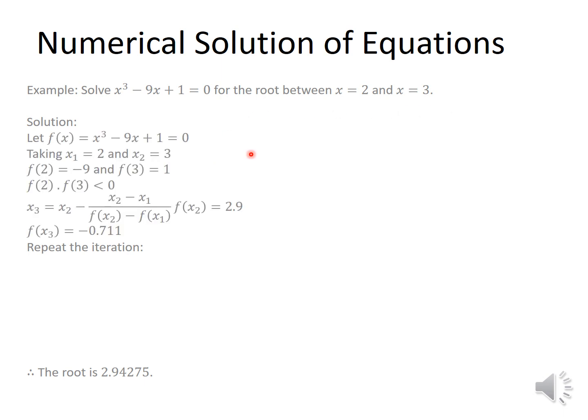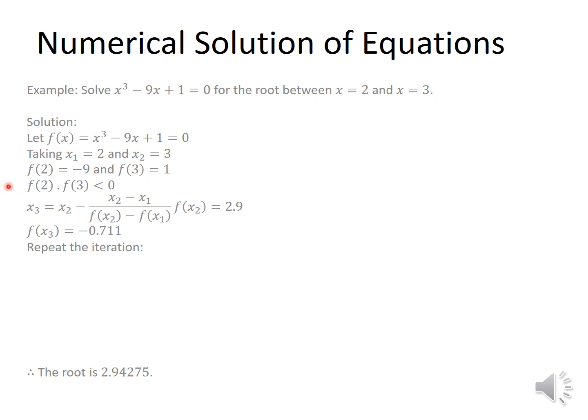Based on the given information, we let x1 equal to 2 and x2 equal to 3. You substitute 2 into the original function as well as x equal to 3. So f2 is negative 9 and f3 is positive 1.